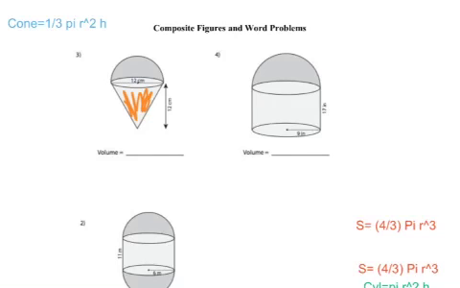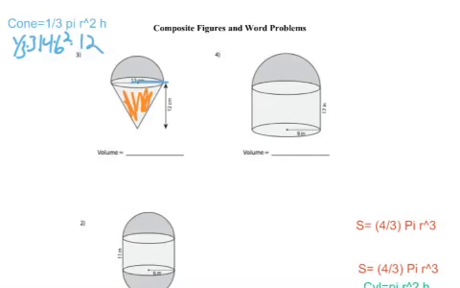So let's go ahead and fill in these numbers. 1/3 times 3.14 times the radius. Now again, you have to be careful here. The radius is not 12, that's the diameter, and we know that the radius is half that. So the radius will be 6, so that's 6 squared times the height, which is 12.